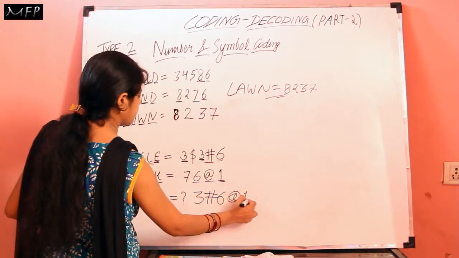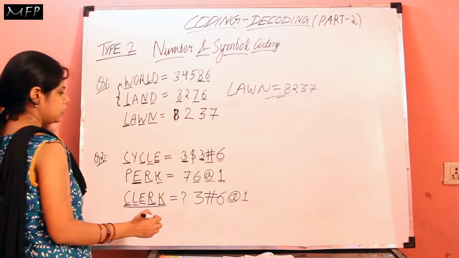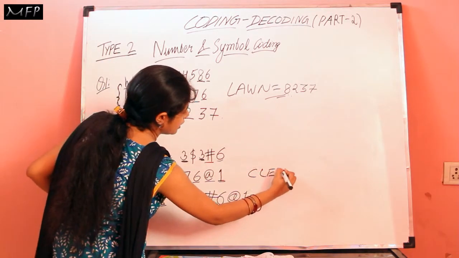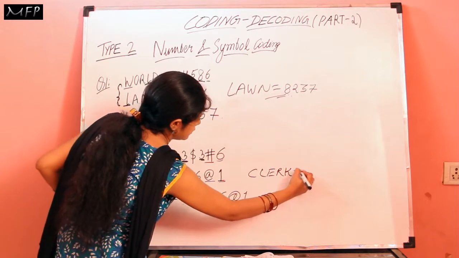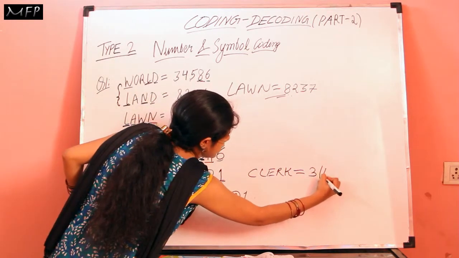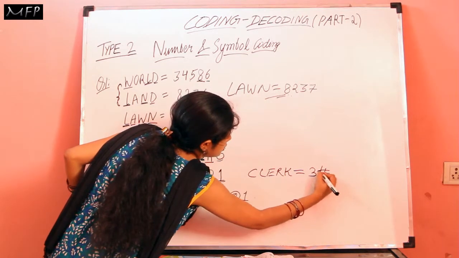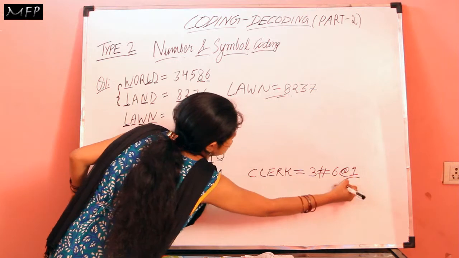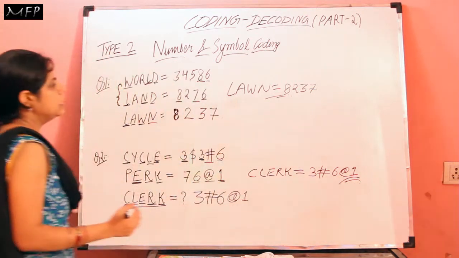So here we will write 1. So finally the code for CLERK will be 3 hash 6 at the rate 1. So this is the final answer.